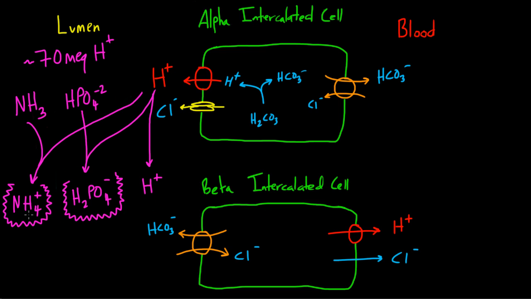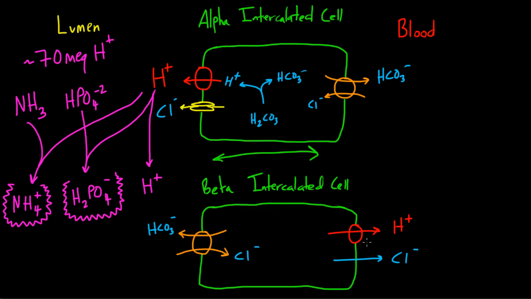And also, just to be complete, there is another cell called the beta intercalated cell. And it's kind of interesting in that it's basically the alpha intercalated cell just flip-flopped, okay? And I hope that's easy to conceptualize. On the apical side, we have this chloride bicarbonate exchanger, which will get rid of bicarbonate and reabsorb chloride.